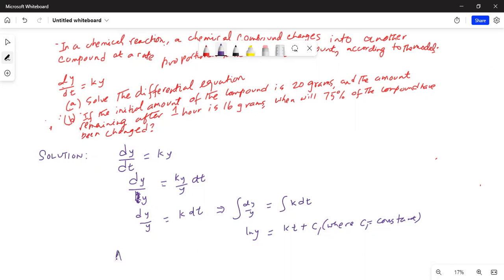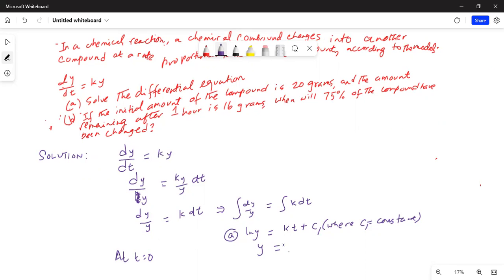So this is the answer for part 1A. We can further change it into y equal to, we raise everything to the power of the natural number e on both sides.